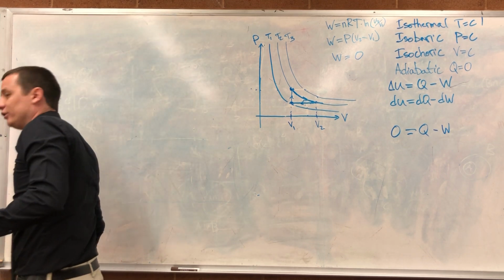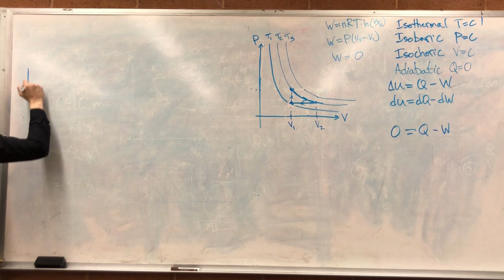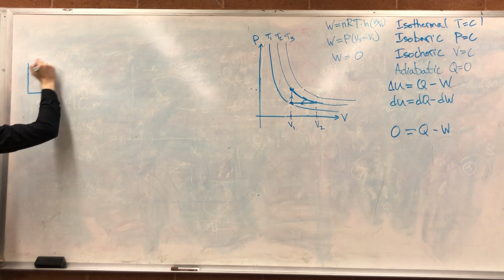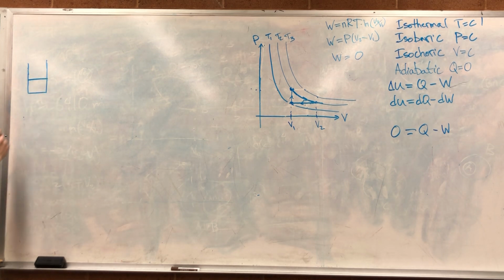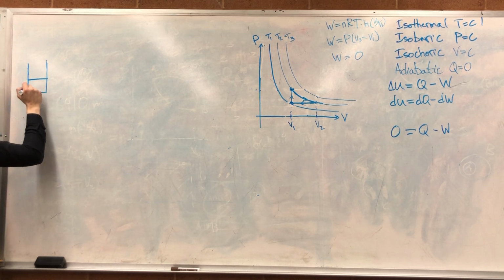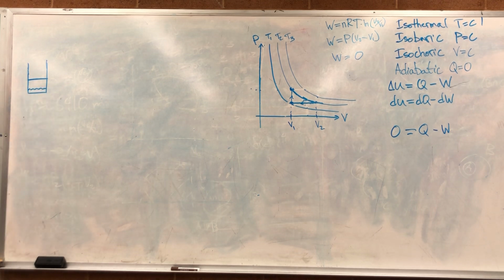It ultimately boils down to the idea that if I've got some piston in here, here's my piston, right? And inside of here, I've got some water. And if I turn all that water to steam, what's going to happen?